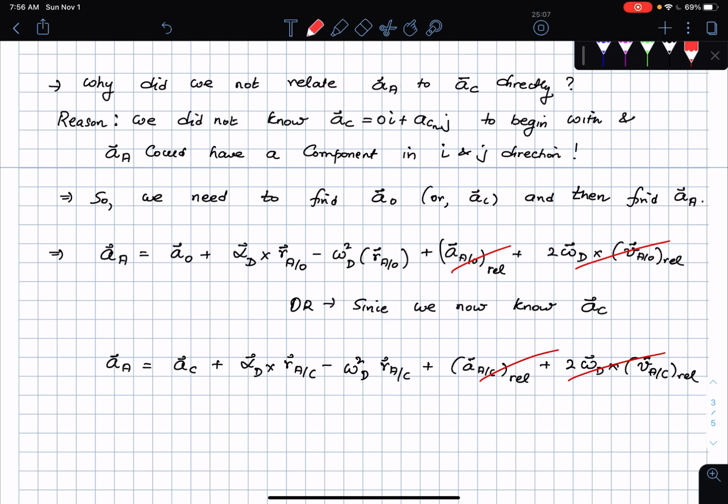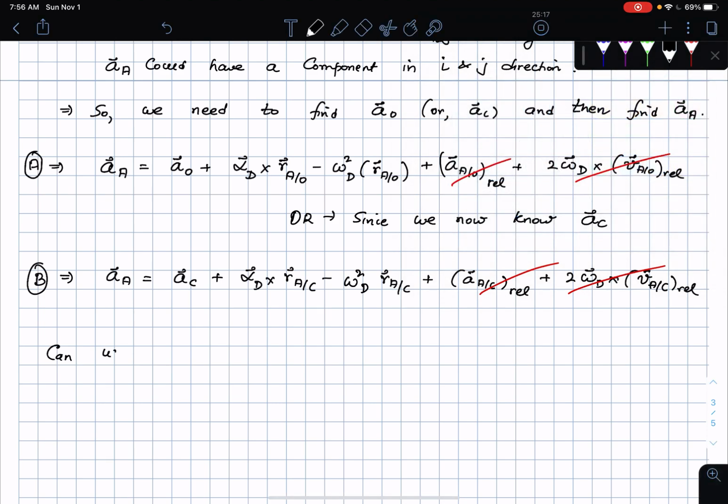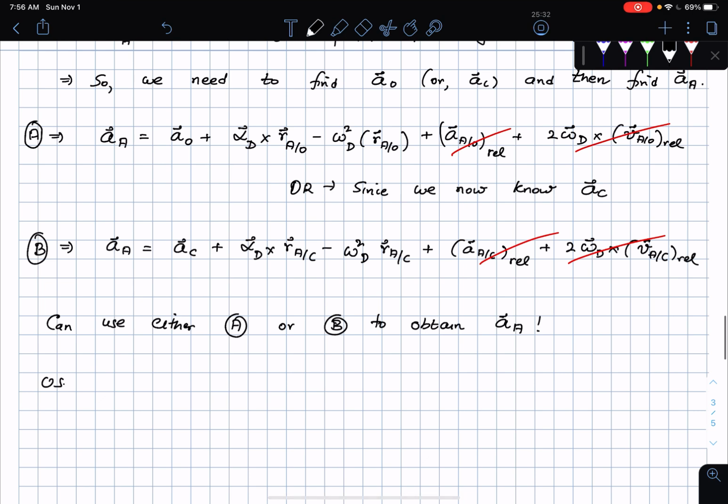Okay, so let me just call this A and B. So I can use either A or B to obtain the acceleration of A. I'm just going to use A. Okay, so use A. Start filling in the details.